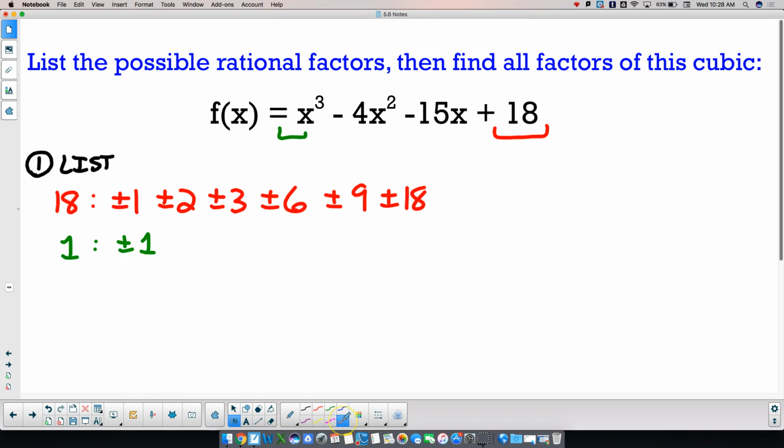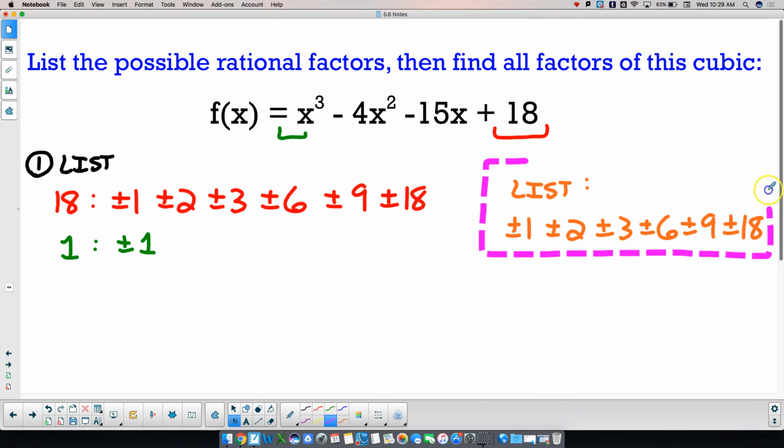So my list, my first answer of the 2, my list is 1, plus and minus on all these. 1, 2, 3, 6, 9, and 18.